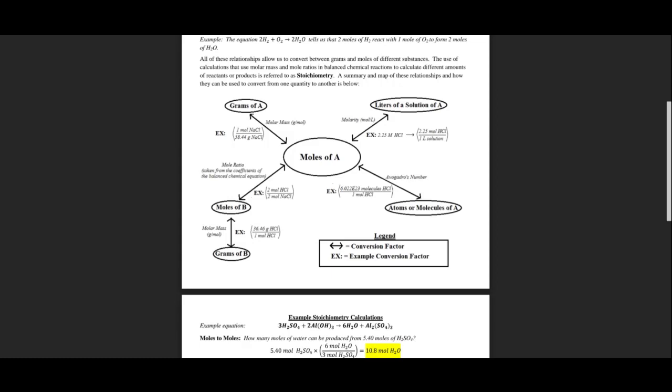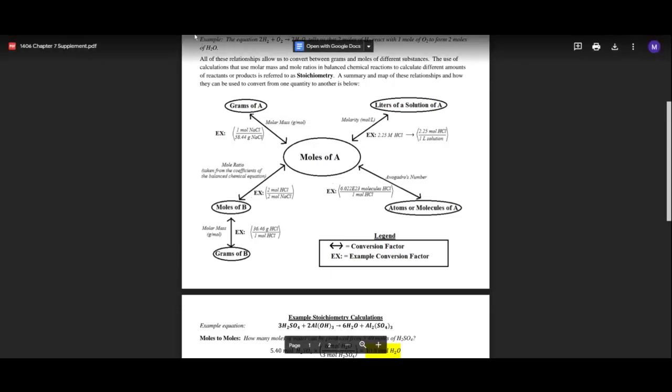So I have molecules of water, and I'm going to use Avogadro's number to convert to moles of water. From moles of water, I can convert to grams of water by using the molar mass. That'll be taking that upper left arrow to go from moles of A to grams of A. So this is going to be a two-step conversion: molecules of water to moles using Avogadro's number, and then moles to grams using the molar mass.